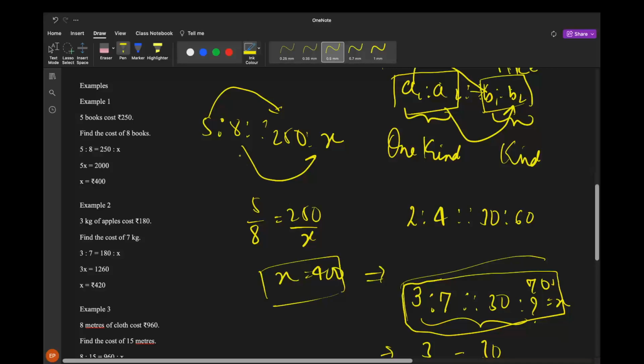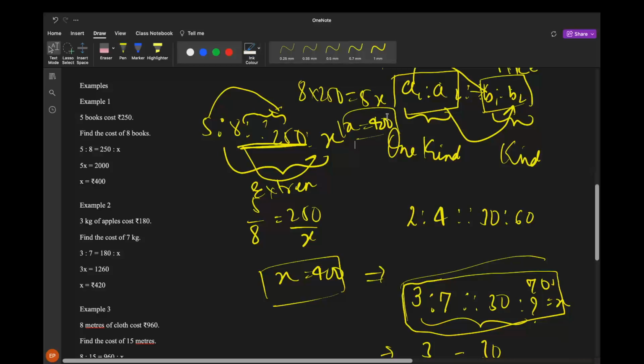And note one thing, here you can also directly multiply these two terms and these two terms, which are called means and extremes. 8 into 250 equals 5 into x, 5x, which gives x equal to 400 only. You can use that method also.